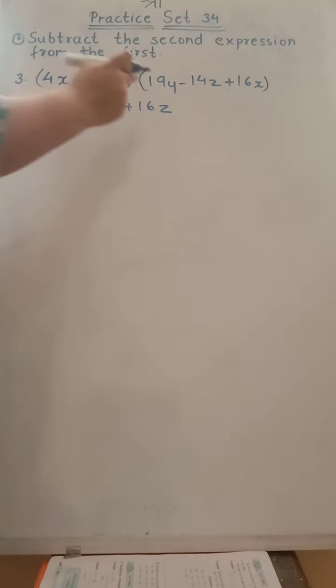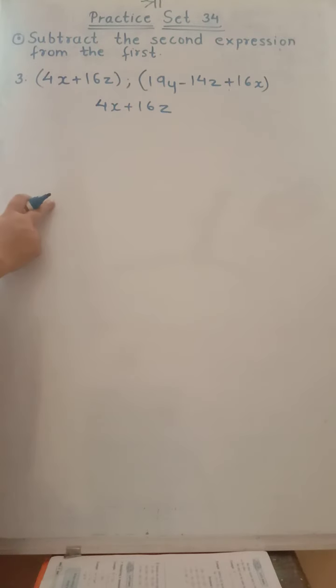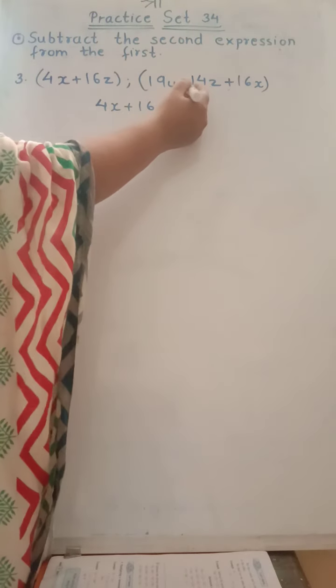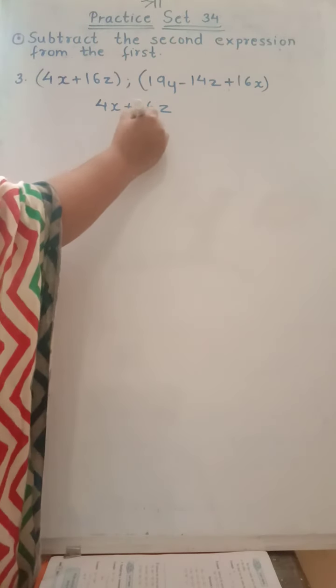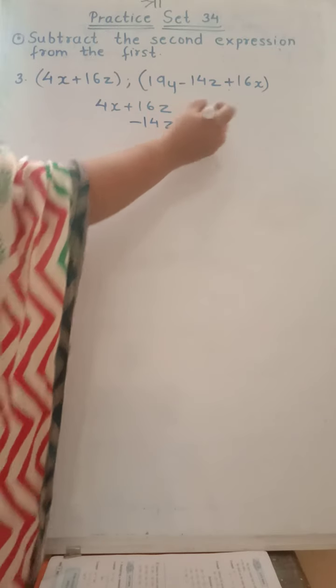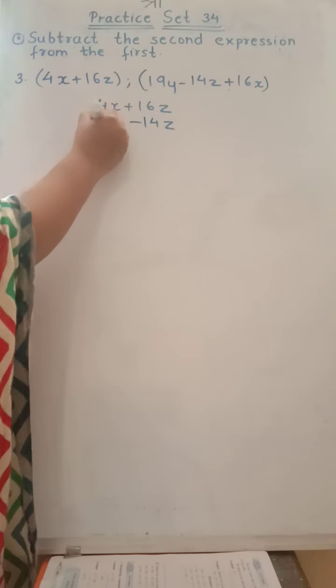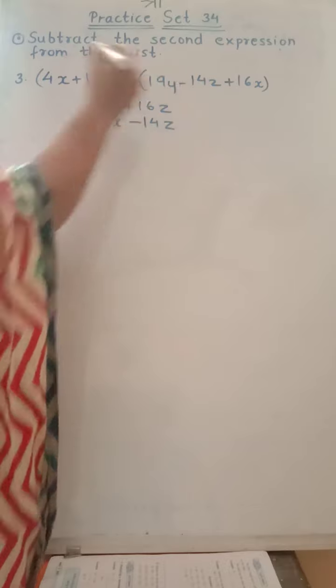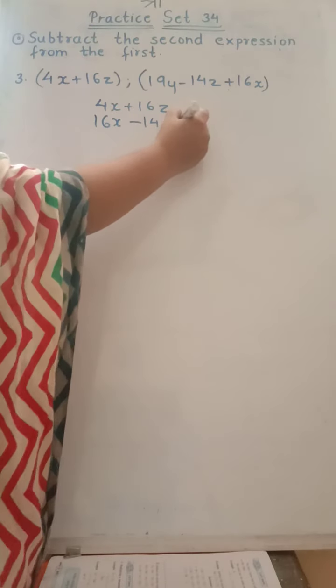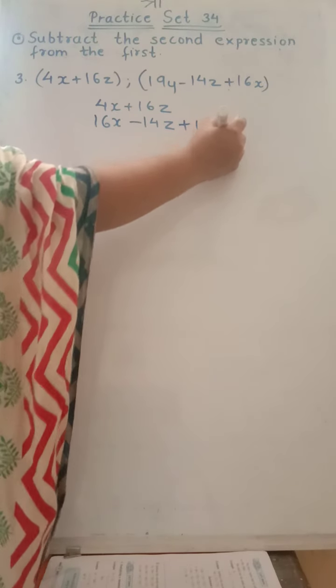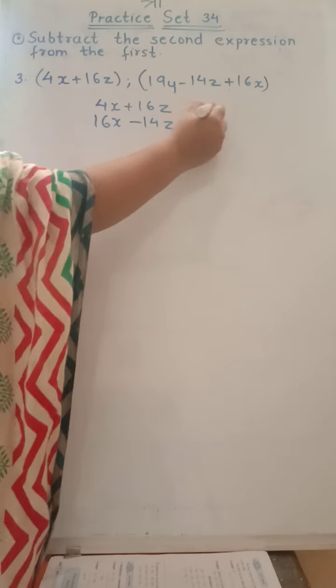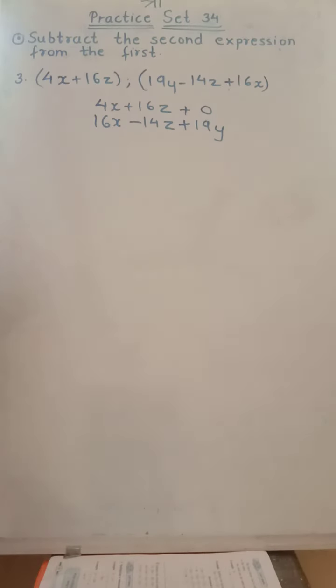Now 19y, the next expression has 19y, but I am not having that, so for now, minus 14z plus 16x goes here. What is remaining is plus 19y, so write it here. Nothing is above it, so add plus 0.